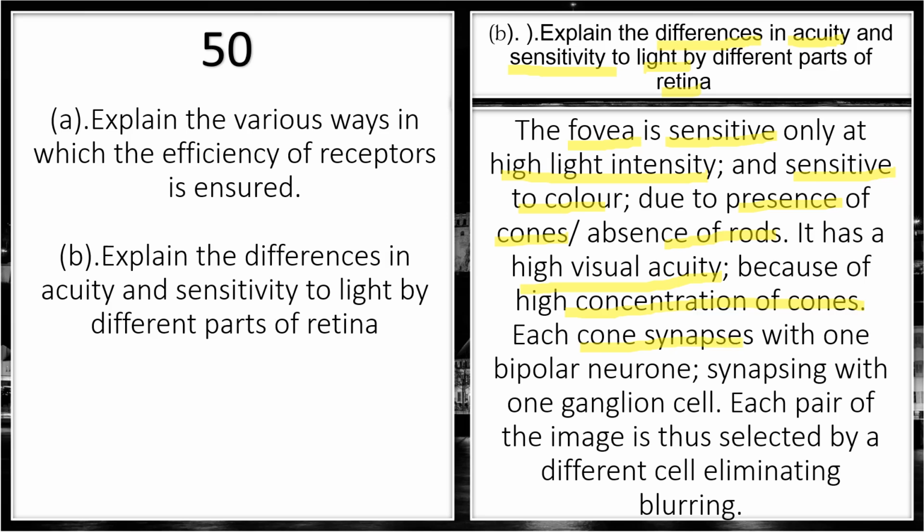Each cone synapses with one bipolar neuron, synapsing with one ganglion cell. Each point of the image is thus selected by a different cell, eliminating blurring.